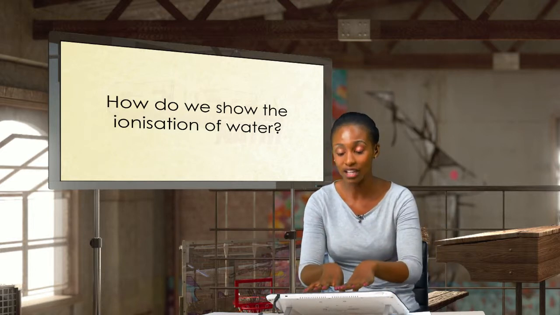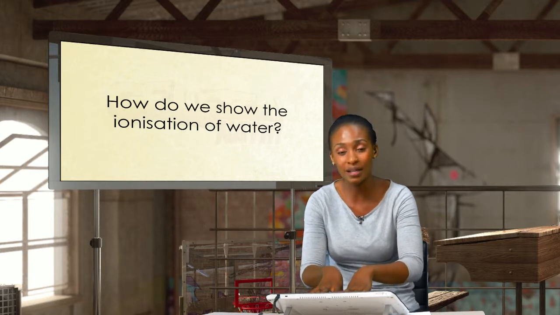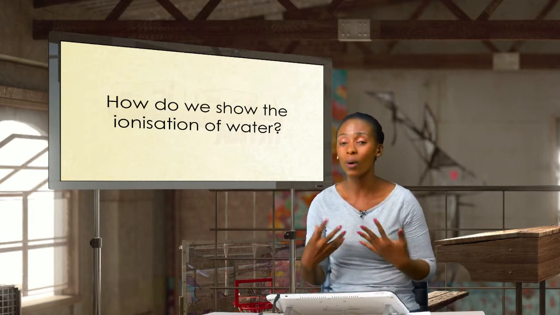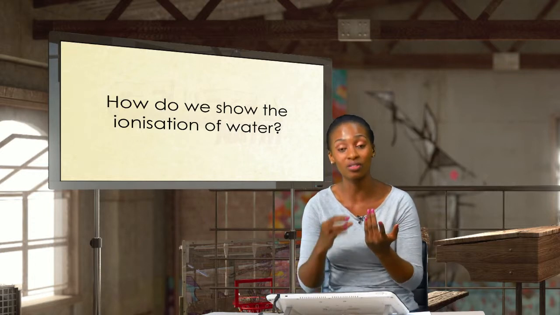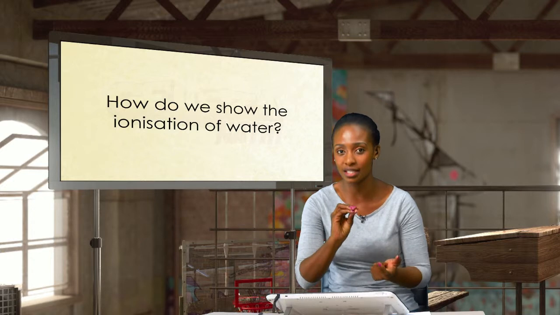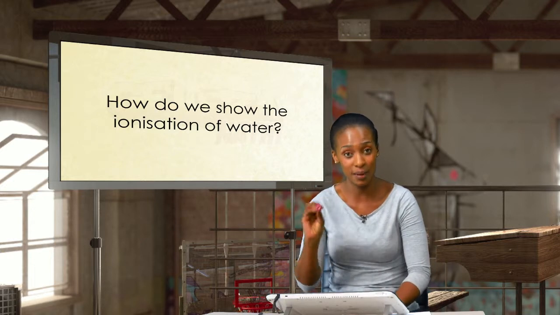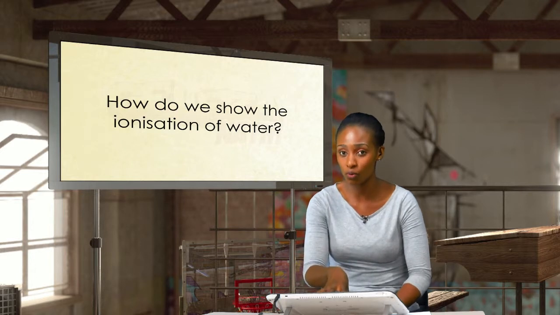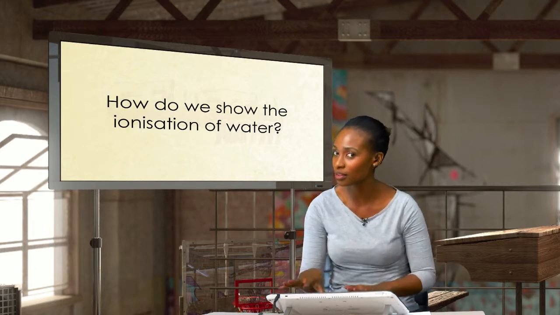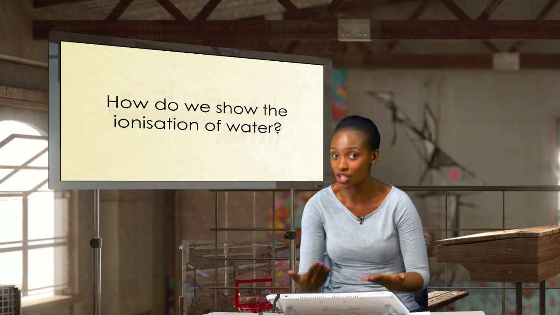Before you can learn the ionization of water, you need to know the three theories and how the three theorists differentiate between acids and bases. With the ionization of water, we actually use this type of method to calculate the pH of a solution.